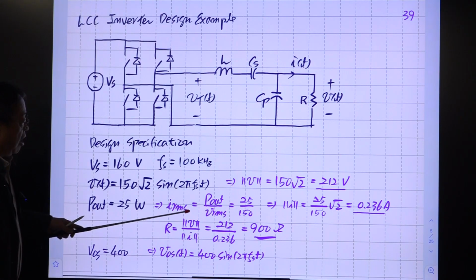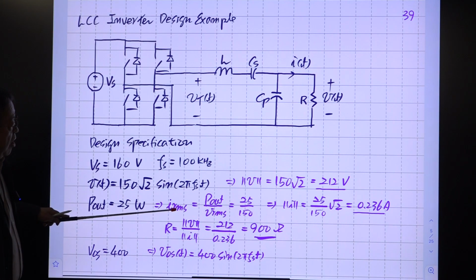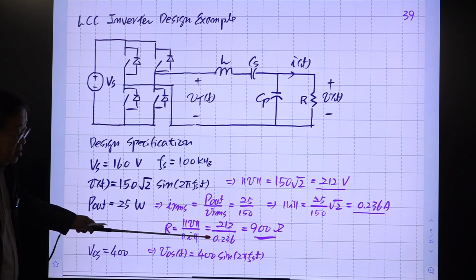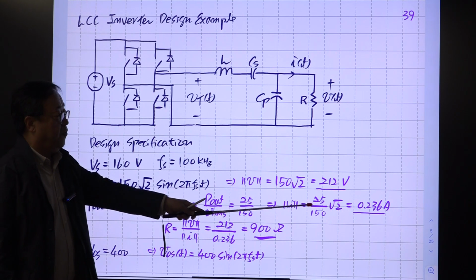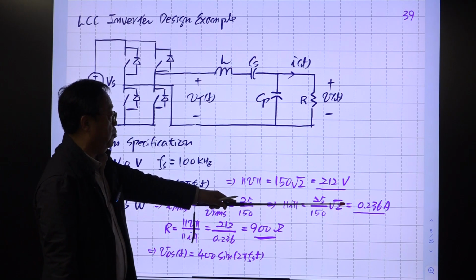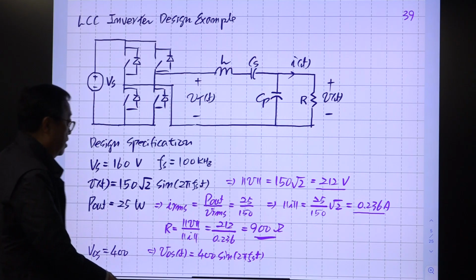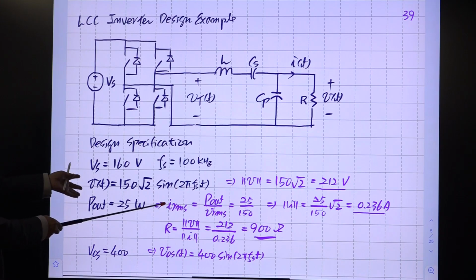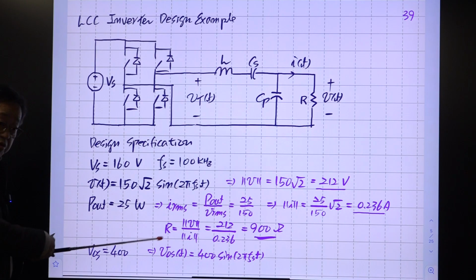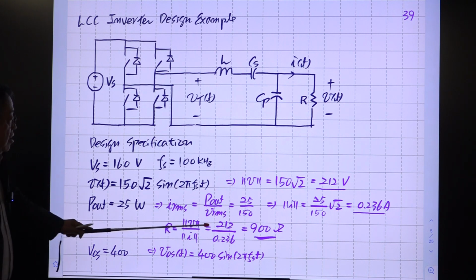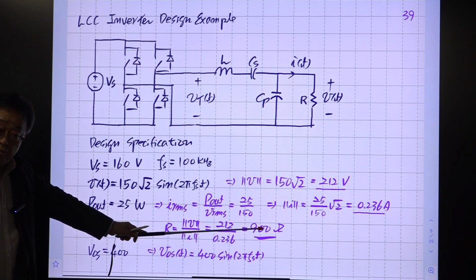So this is the output power, the product of IRMS and VRMS. So this number is given here. So by multiplying square root 2, you have the peak value of this. Then by dividing this, it really doesn't matter whether you use RMS value or peak value, it is the same number, and R is 900 ohm.